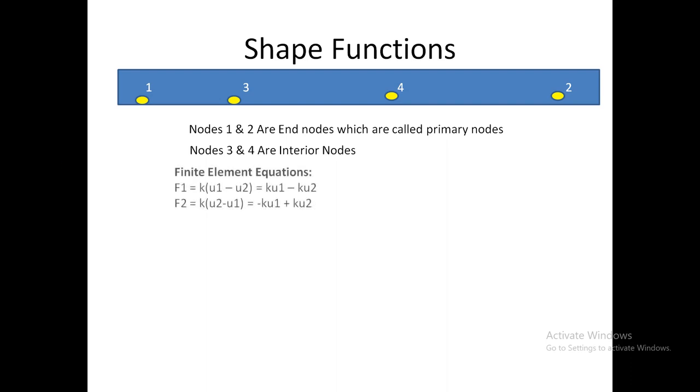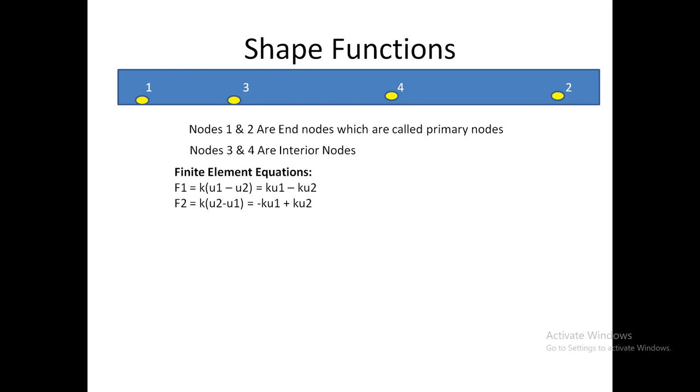In order to do that, first we need to write the finite element equations, that is F1 is equal to K into (U1 minus U2). Here F1 and F2 are the forces at node 1 and node 2. Then we can write the equations like this: F1 is equal to K U1 minus K U2, then F2 is equal to minus K U1 plus K U2.